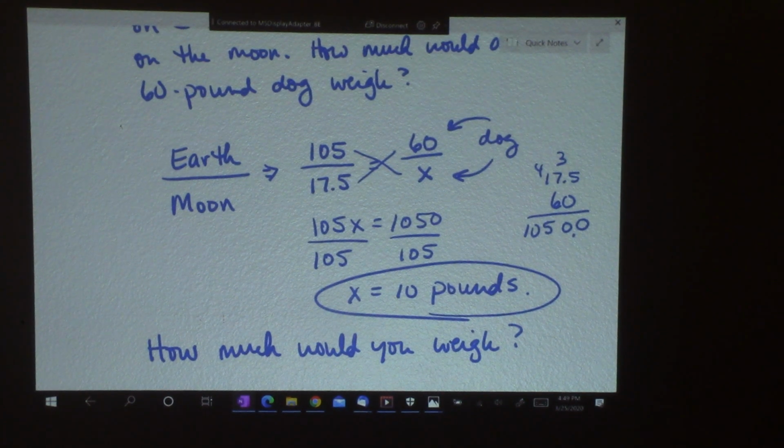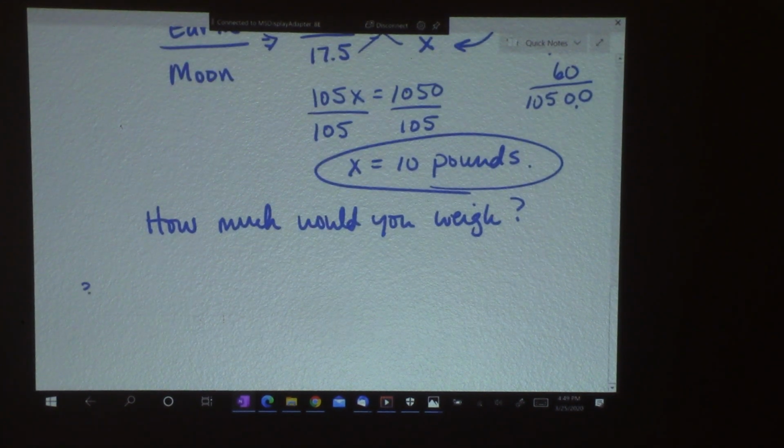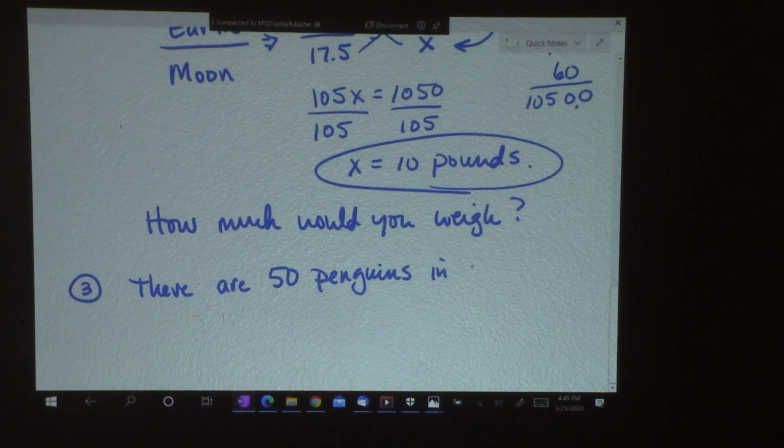All right, our last example is number 3. There are 50 penguins in an aquarium.